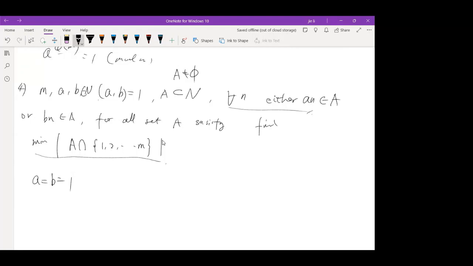Now with this one, A needs just equal to the whole set of integers n. So in that case, the answer down here will be m.